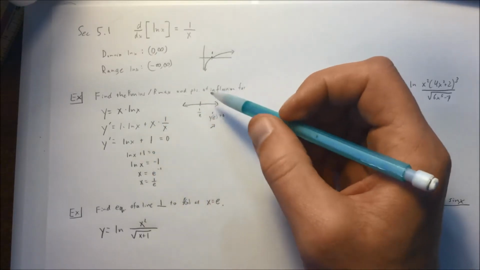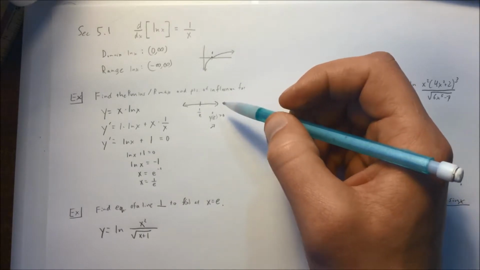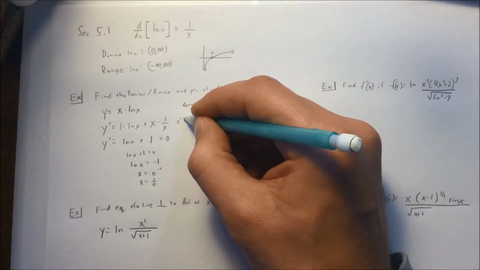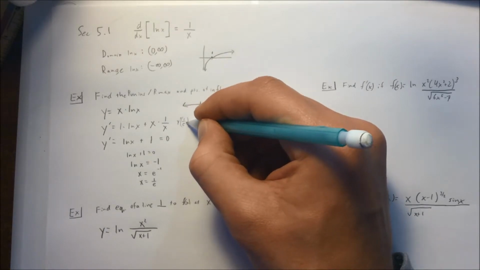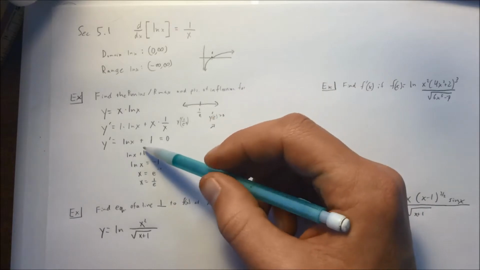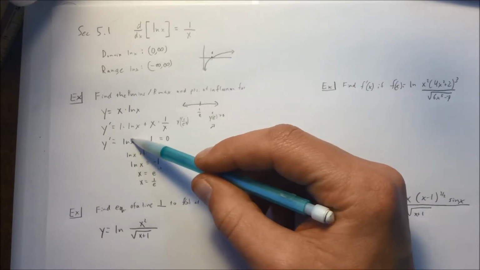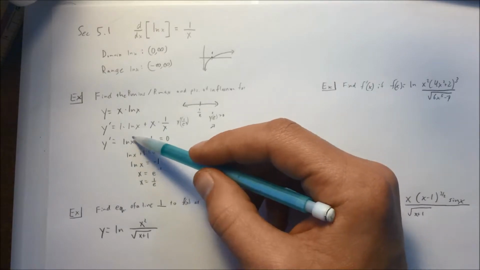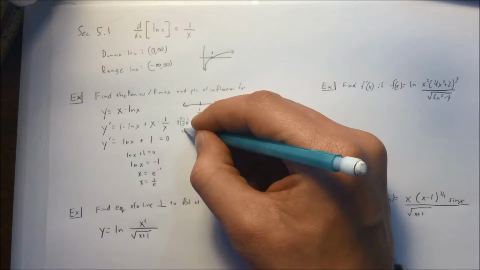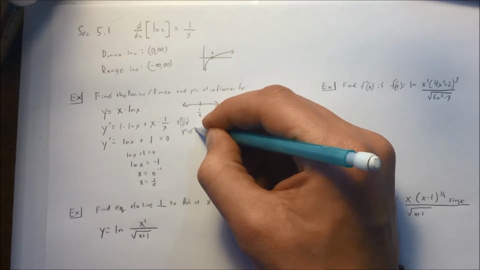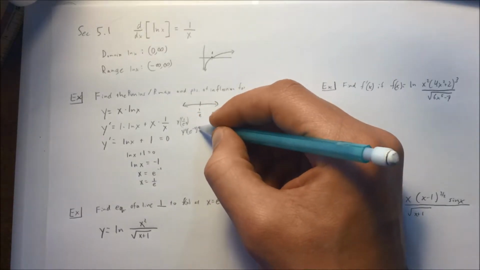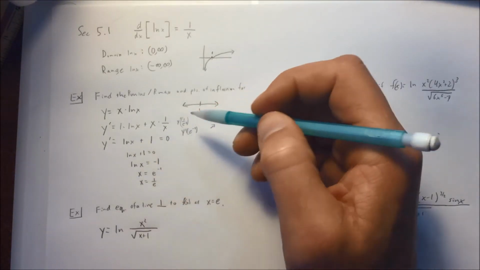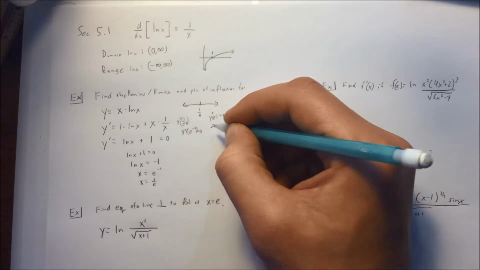And if I choose something smaller than 1 over e, how about I choose 1 over e squared? Well, I can rewrite this as y prime at e to the negative 2. And I plug that in here. That's just going to give me negative 2 plus 1, which is negative 1, which is less than 0.